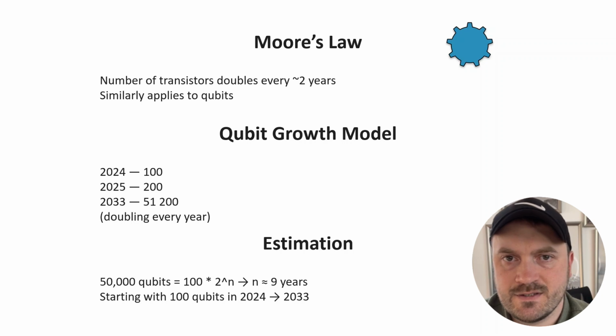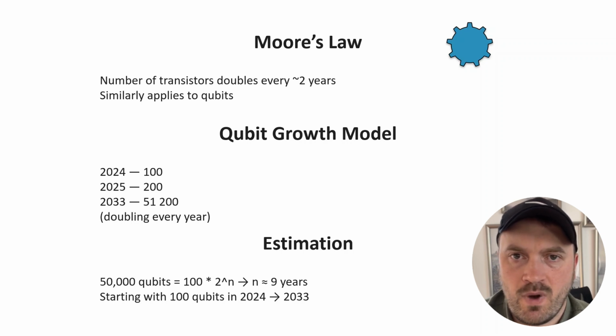Its essence: the number of transistors on a chip doubles every 18 to 24 months, or roughly every 2 years. This law described the pace of growth in classical computing power during the microprocessor era. It's very important to understand Moore's law is not a physical law, but an observation of a trend that held true for a long time.